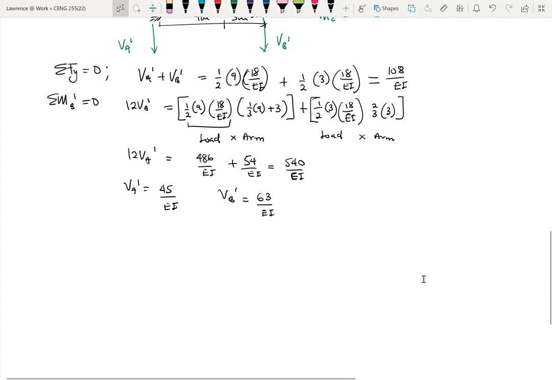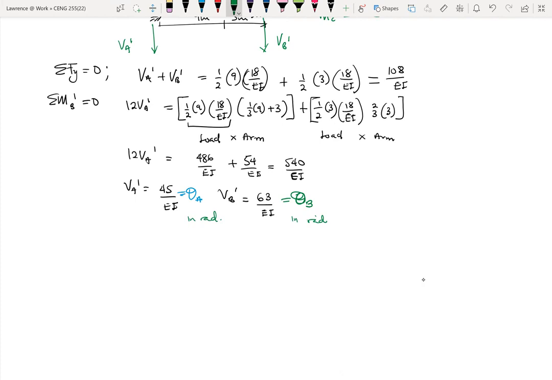All right. So pretty much this is equal to theta A, and then this is equal to theta B. Okay. So that's all that it means. All right. So if we know the value of EI, then these will be in radians. Okay. They'll all be in radians.